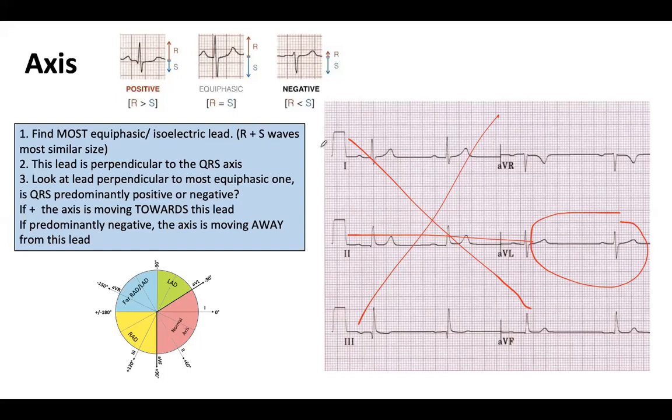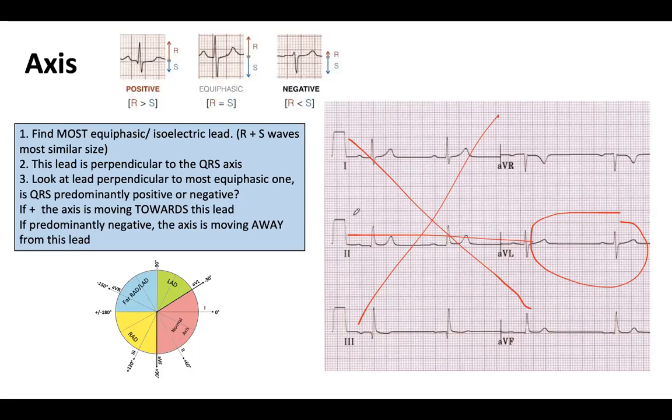So for example, if this was the most equiphasic lead, then 90 degrees to it would be AVF. If AVR was the most equiphasic lead, 90 degrees to AVR would be lead 3. Just a quick way of remembering instead of trying to think of the axis itself. But it's the same principle. If you look at lead 1, what's 90 degrees to lead 1? AVF. It's just a quick way of remembering what's perpendicular to it.